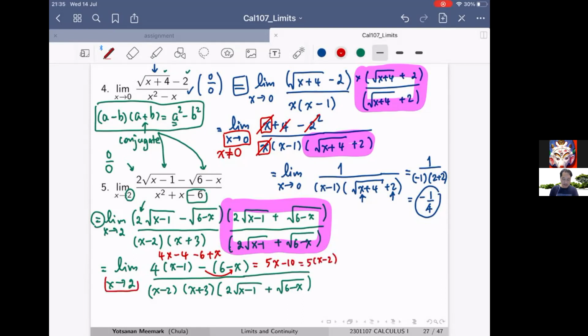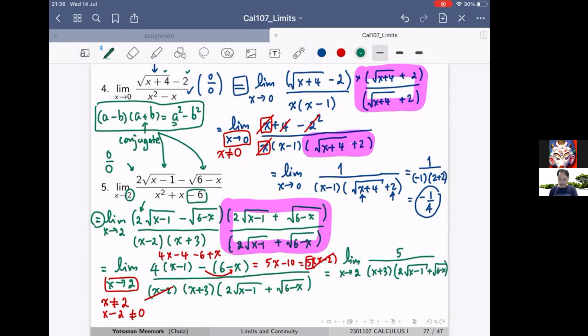Again, your x goes to 2, so it means that your x can never be 2, so your x minus 2 can never be 0. So this one can just cancel, but you still have 5 left. What you have left is 5 over x plus 3, and that square root added.